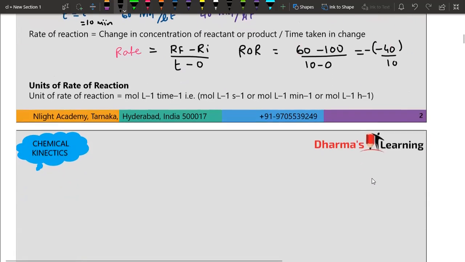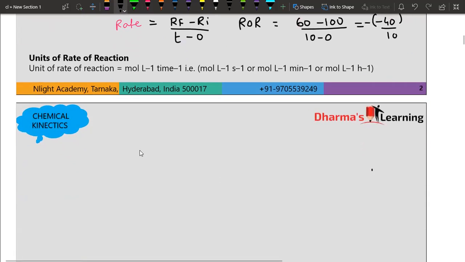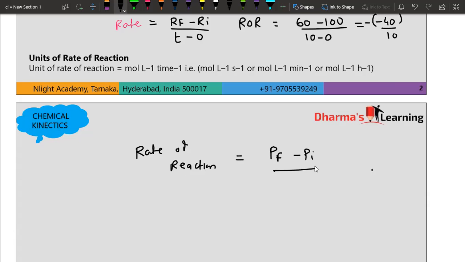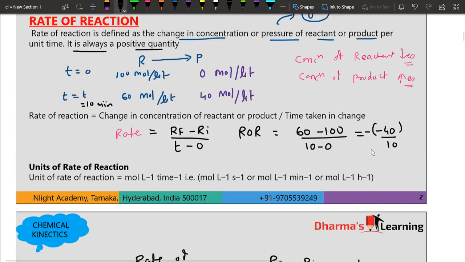Let's go with the product now. How will you write the product rate? The rate of reaction with respect to product we can write as final concentration of product minus initial concentration of product, divided by time. The change in time is t minus 0. Initially there was 0 product, that is 0 mole per liter, and then it changes to 40, as we discussed in the example.